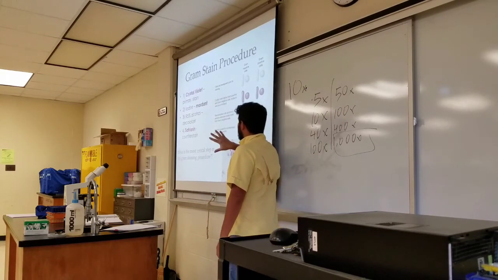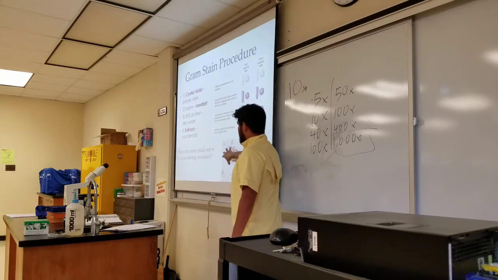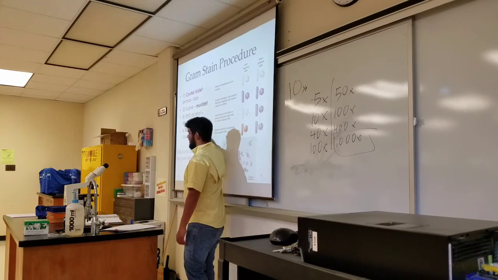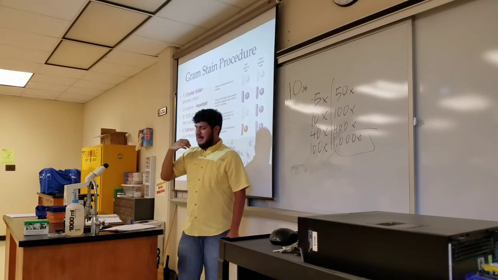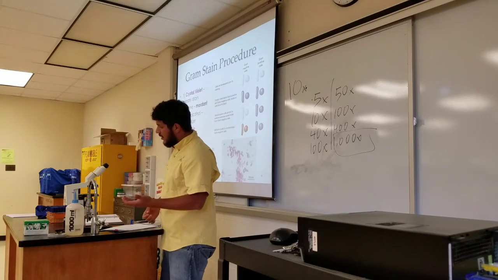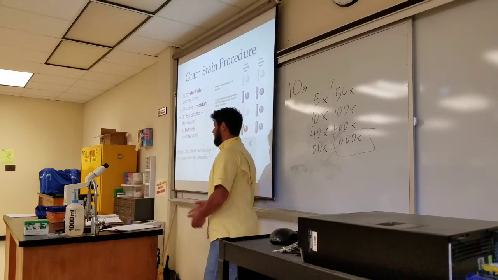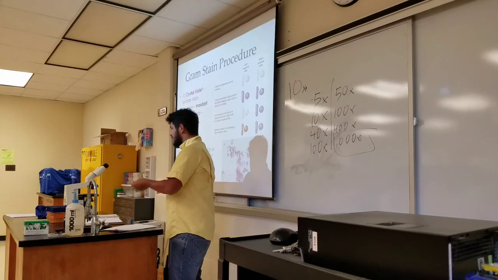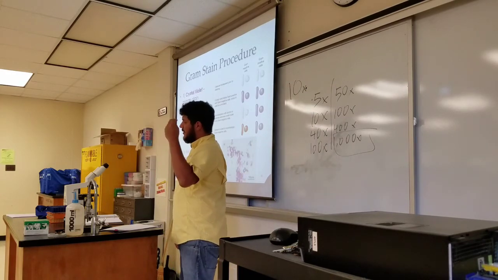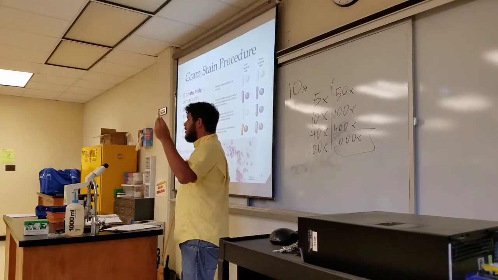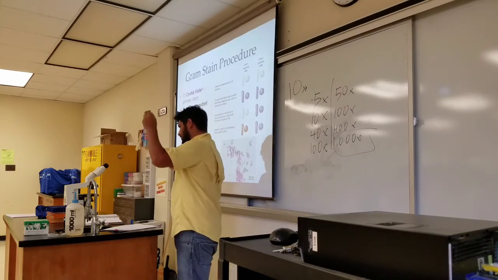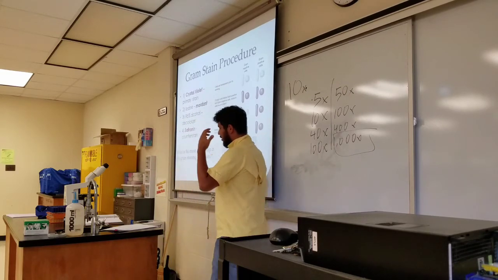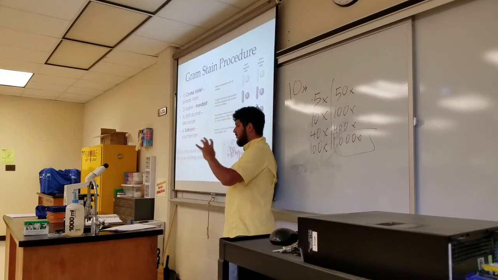All right. Now, the most critical step in this gram staining procedure is the decolorization. In this case, we can over decolorize or we can under decolorize. Over decolorization will result in false negatives, which means basically that if we over decolorize, we can actually take some of that crystal violet out of gram-positive bacteria, and bacteria that are gram-positive will appear to be gram-negative.